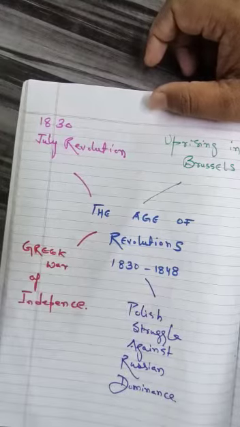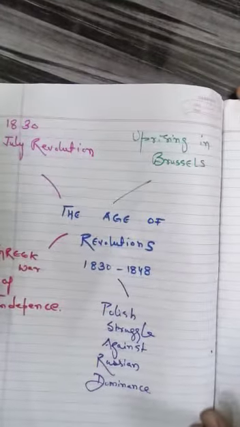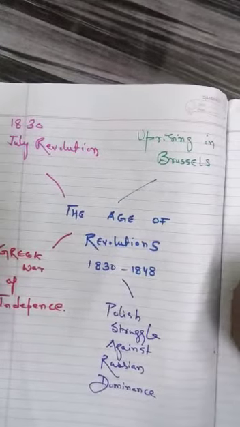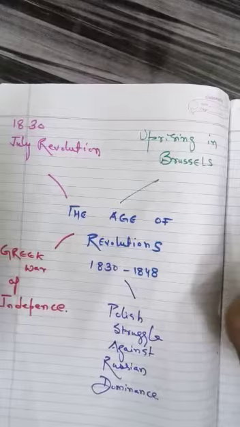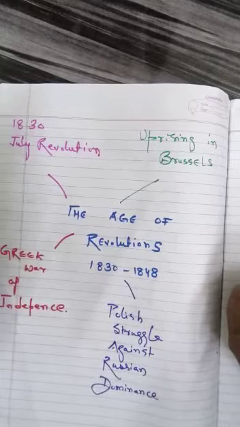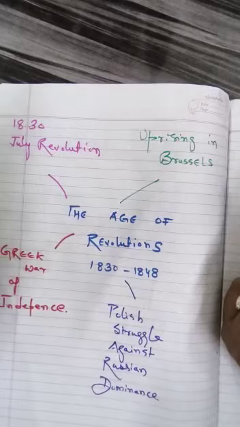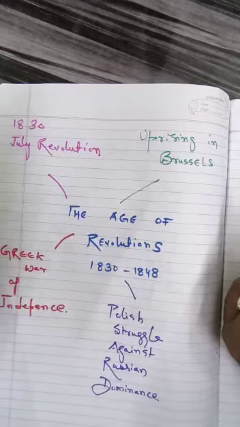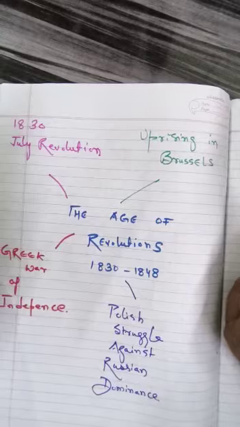Poland was annexed by Russia, and the Russians imposed the Russian language on the people. The people of Poland felt that their identity had been taken away, so they went for a struggle, and in 1831 there was an armed rebellion which was crushed.